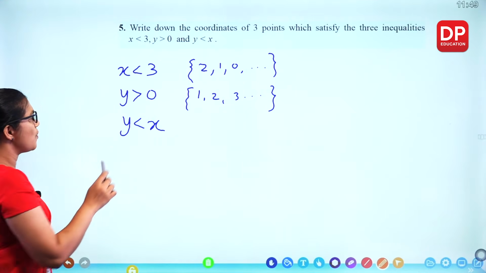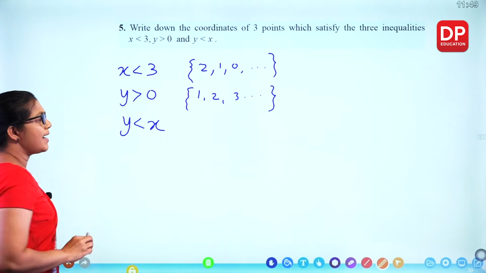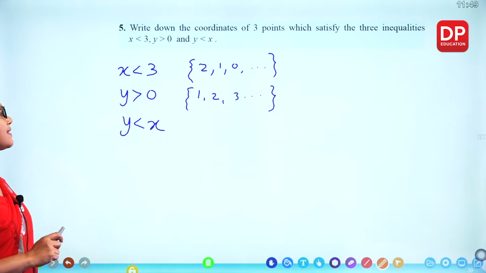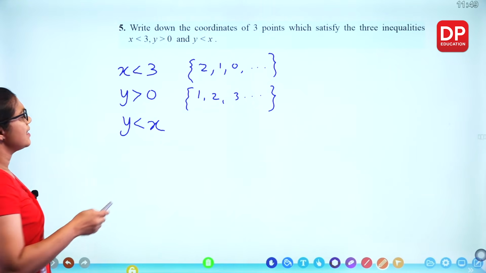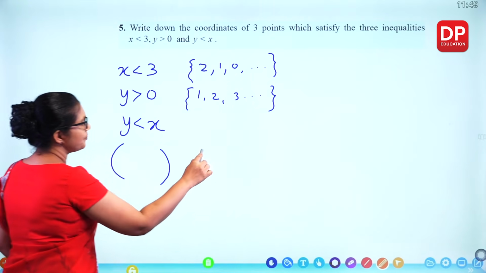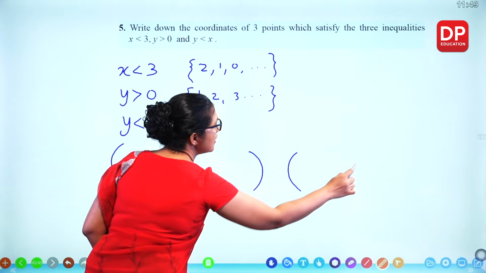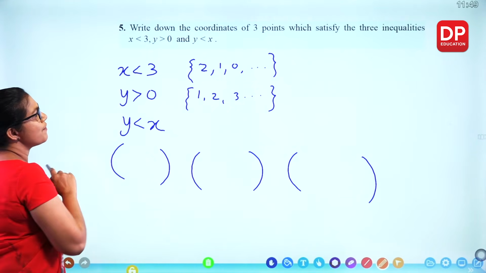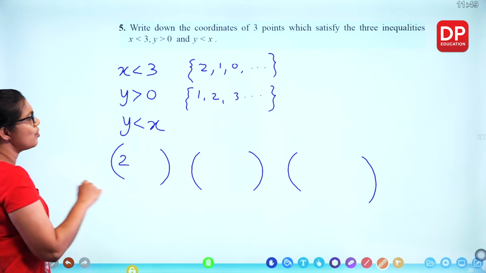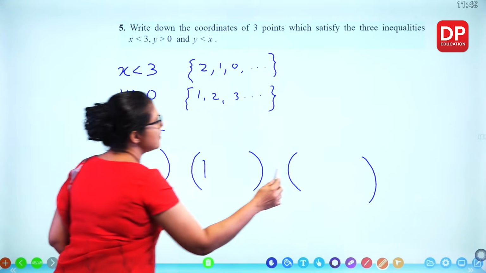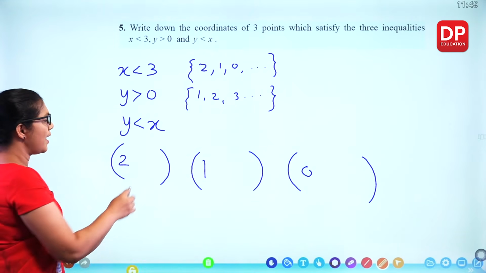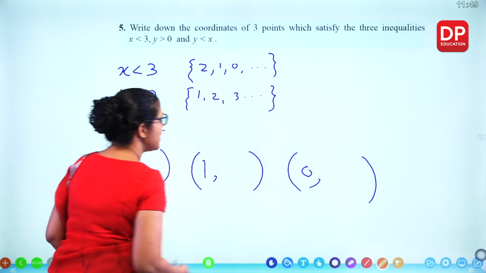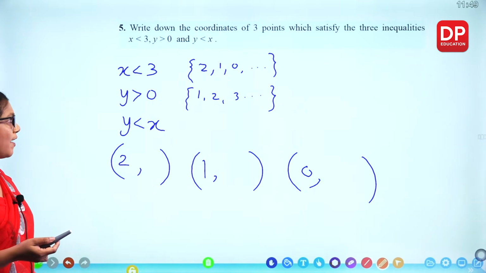But here it says when you take the y and x, y should be less than x. So we can start with any value less than 3 first. I can write 2, 1, 0 for x value. Now we have to decide what are the y values.